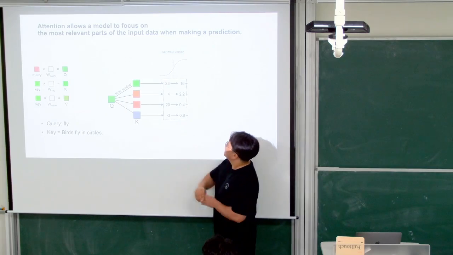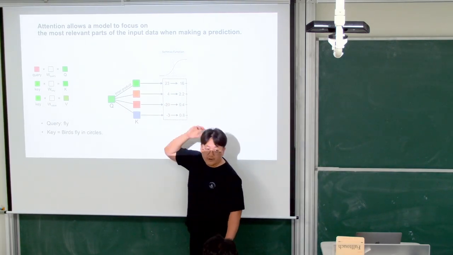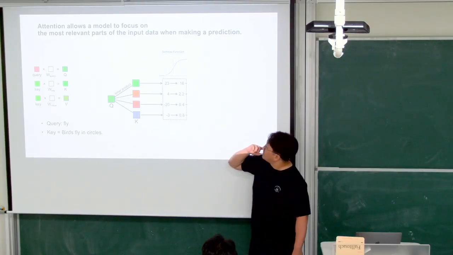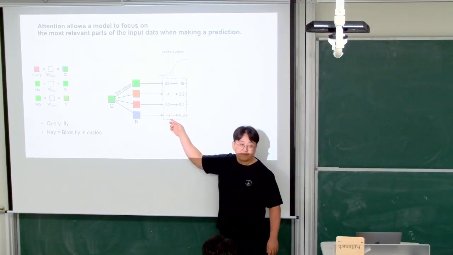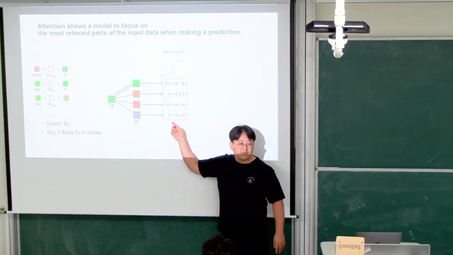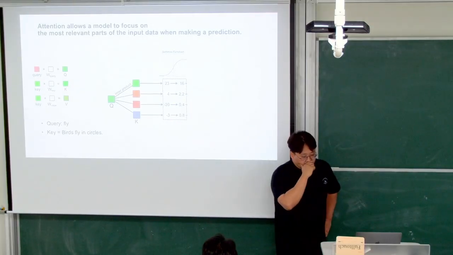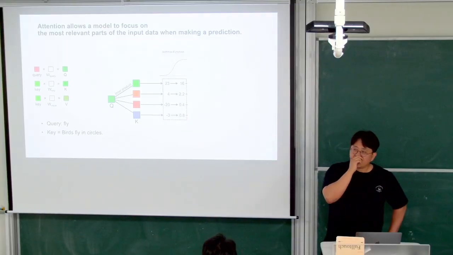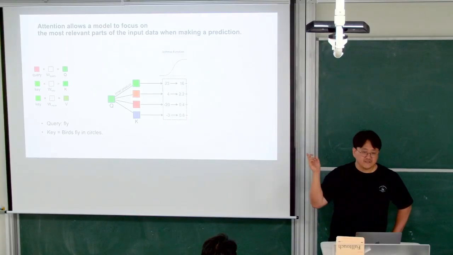After we obtain this score, we can see the negative values here. But it is really tricky to deal with a negative value as a score, right?